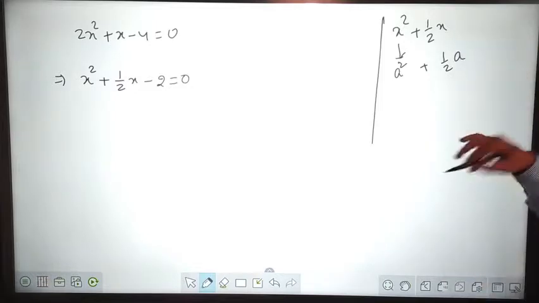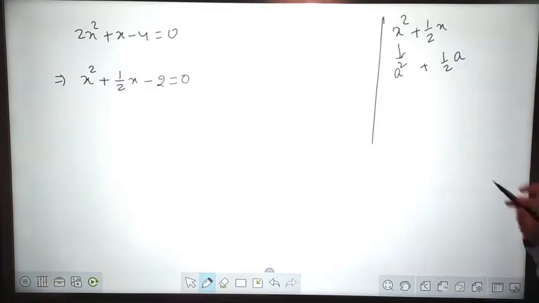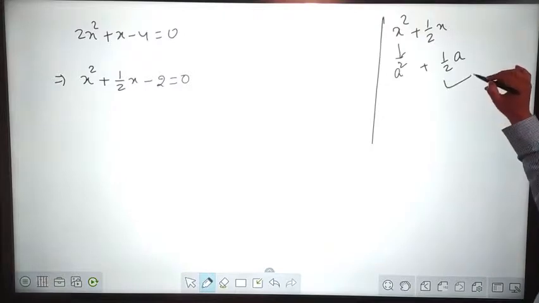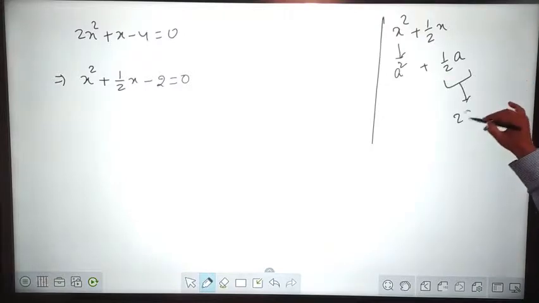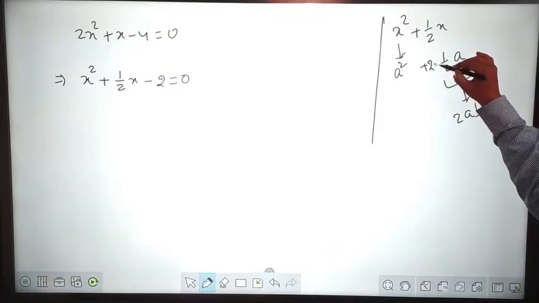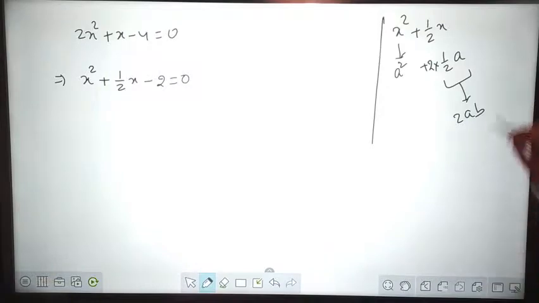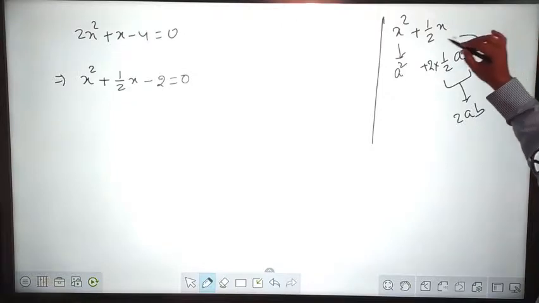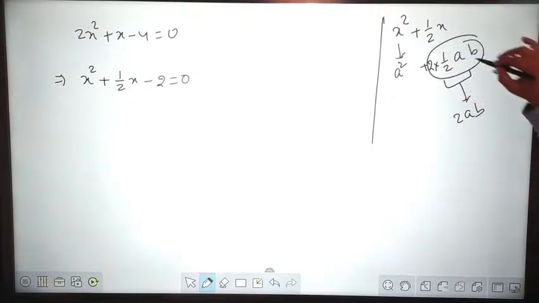And if we want to make this one a perfect square, here in place of this one, it should be 2ab.